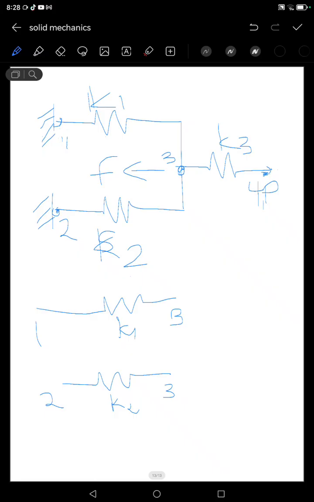And K3 is going to be what? 3 to 4, because node 3 joins both. So at K1 we have node 1 and node 3, at K2 we have node 2 and node 3, and at K3 we have node 3 and node 4.